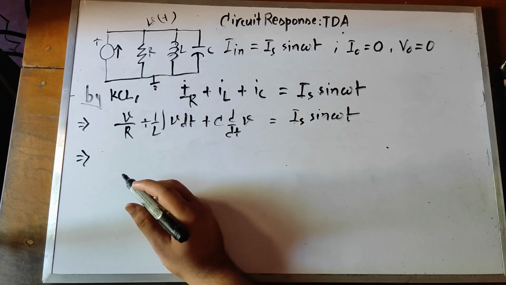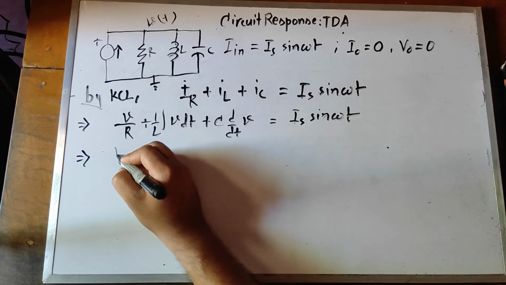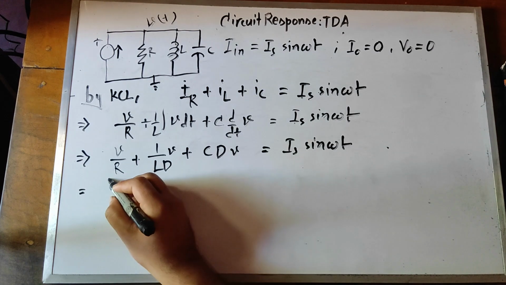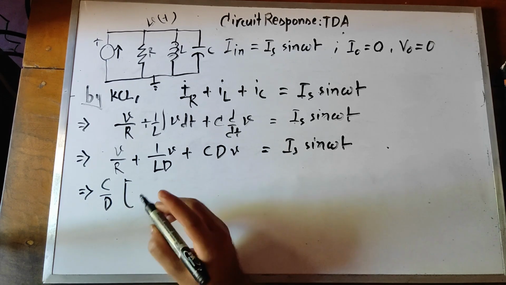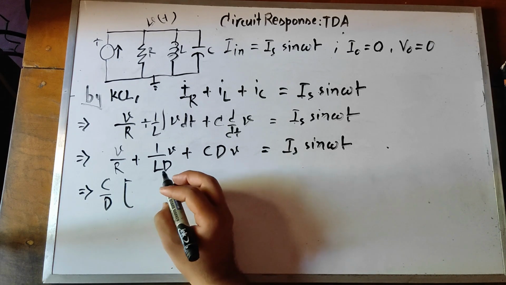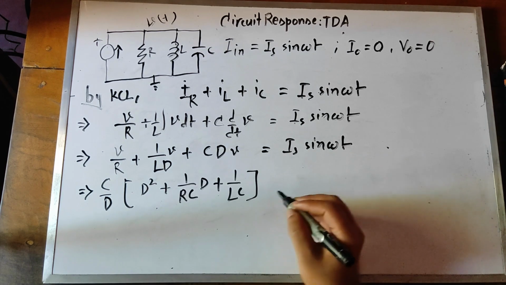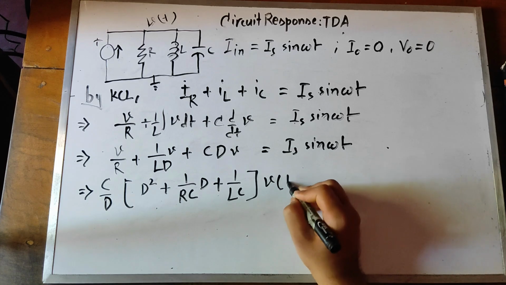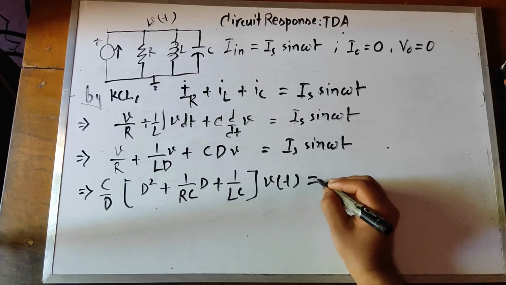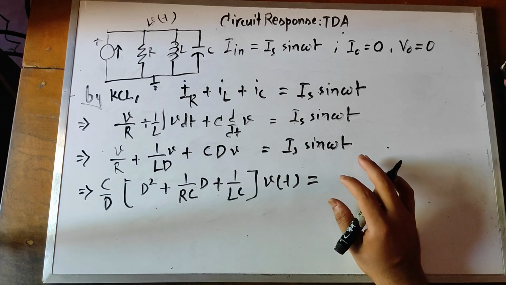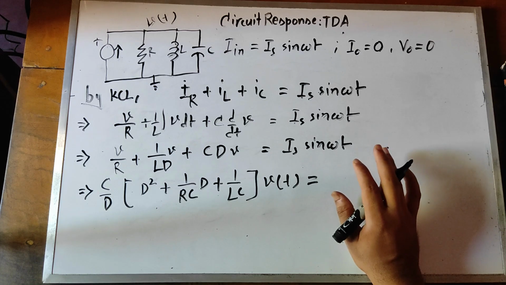I'm going to take the differential operator. So it will give me V by R, C by D common. It will give me obviously D squared plus... if you look attentively for a few moments, you will see what I have done and you will understand.